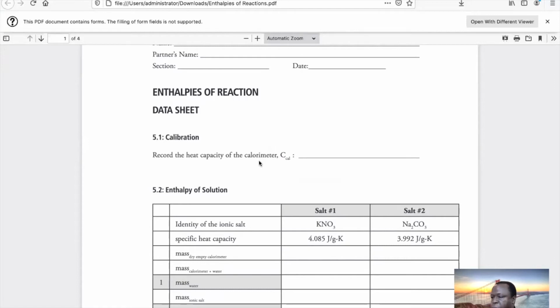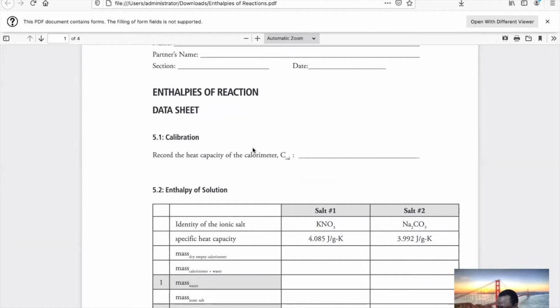C for calorimeter, take note of that, heat capacity, and then look at the subscript, 37.5, joules. We're going to use joules for the calorimeter. We don't need to calculate that. I'm just going to give you that. That's what you will use for the heat capacity for the calorimeter.